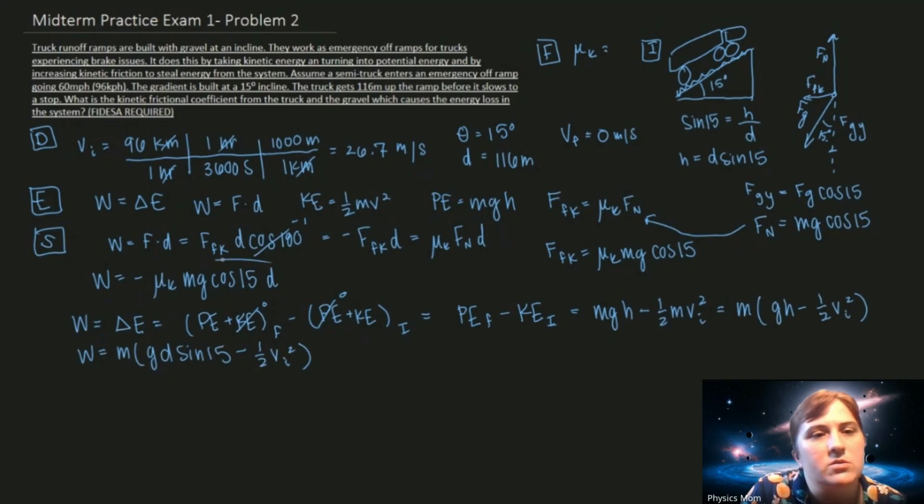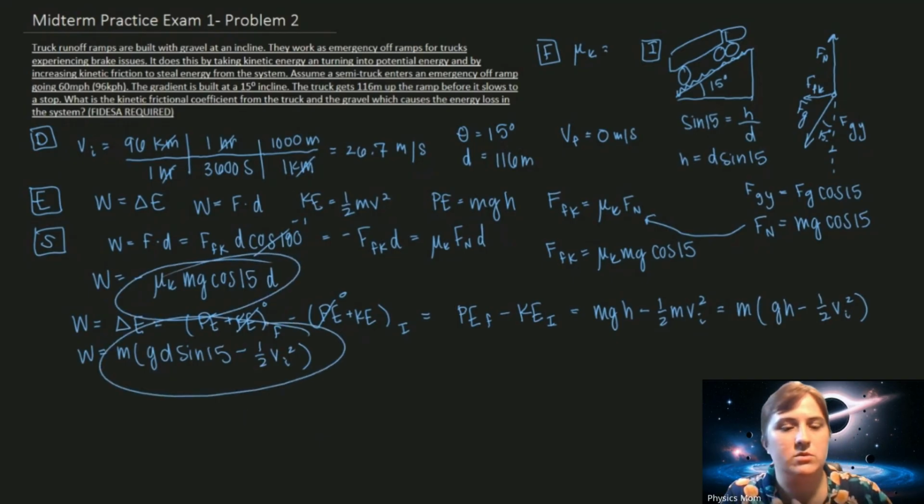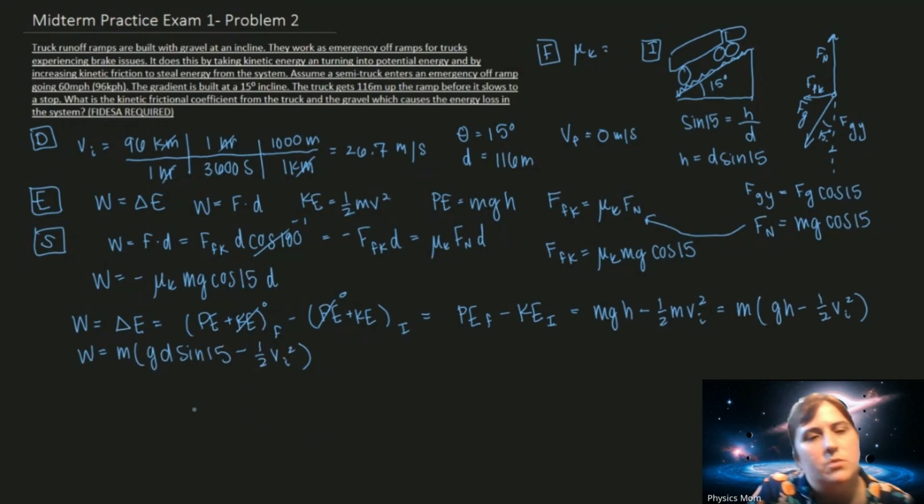And then these two expressions, I can set equal to each other. So in the one case, I have negative mu k, or frictional coefficient, that's the thing we're looking for, times mass, gravity, cosine 15 times the distance, which you'll notice doesn't technically matter which one we put first.